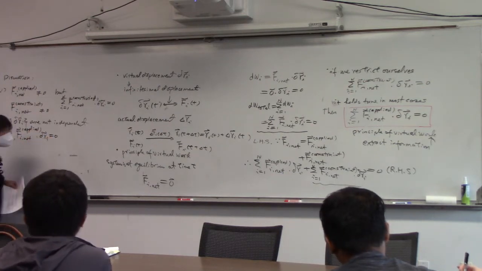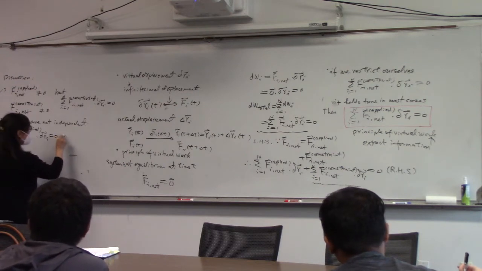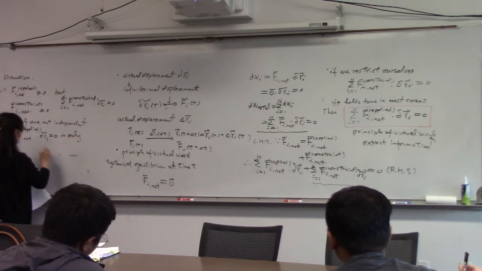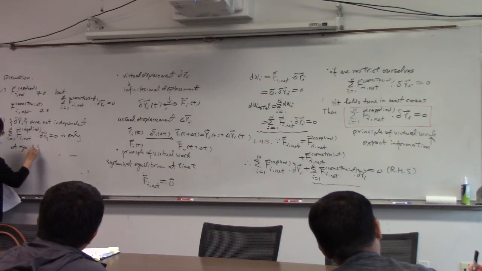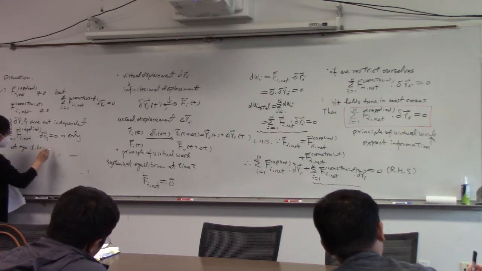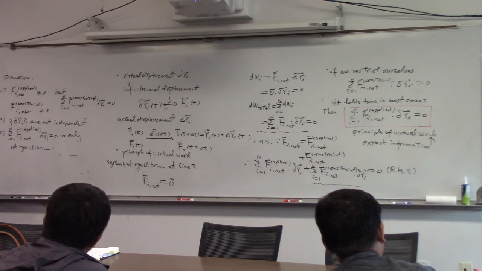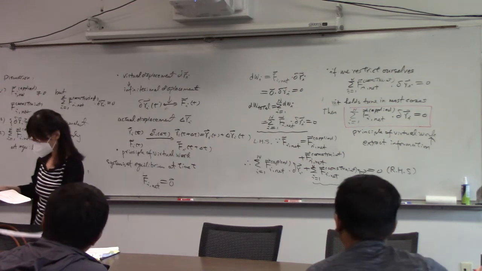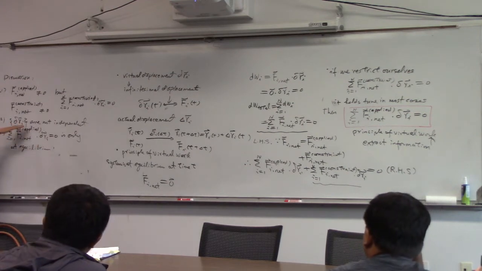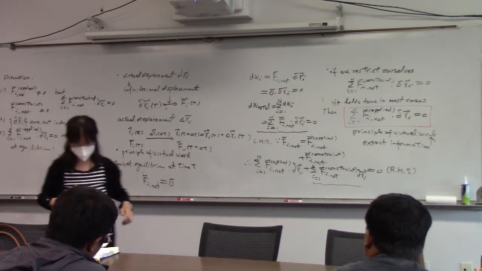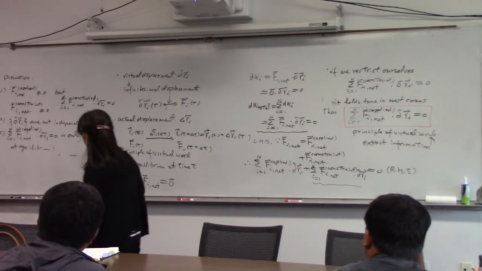This principle of virtual work is only at equilibrium. So these three, be careful. Okay, now we are going to deal with this one. Let's deal with it later together.